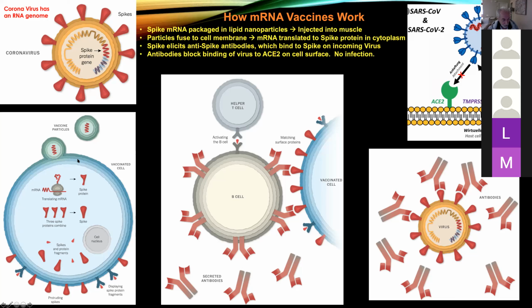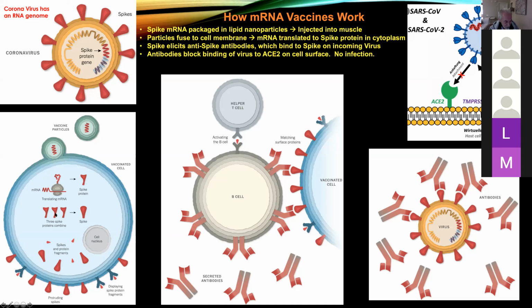And that fuses with the cell membrane and releases the mRNA into the cytoplasm. And this is very familiar to you: the ribosome, the mRNA, the tRNAs, you make the spike protein immediately.